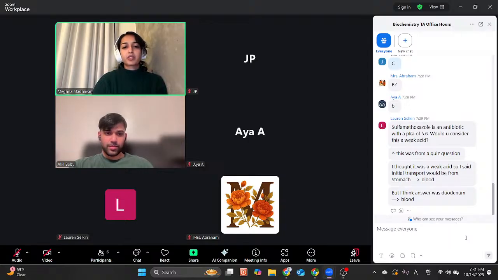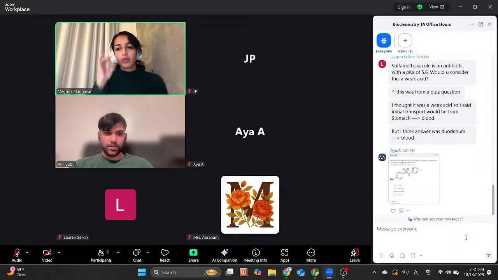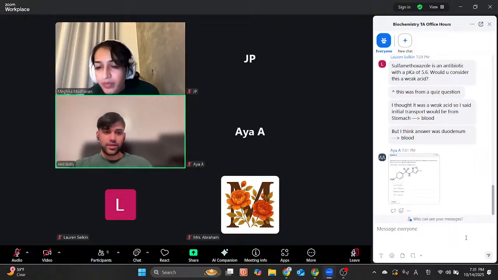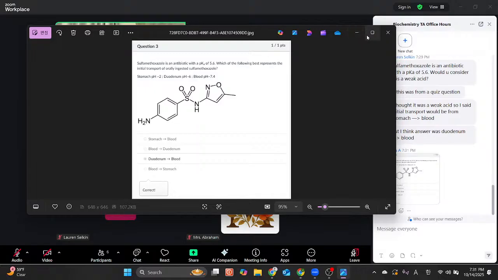I think the question was basically asking why it wouldn't go through. Because your stomach acid is already H plus, it's already acidic there, so it's not going to transport effectively from the stomach. It's going to go beyond the stomach to the duodenum. Does that make sense? It's too acidic of an environment for it to be absorbed in the stomach. So you need to do it in a place where it's more basic, which is the duodenum.